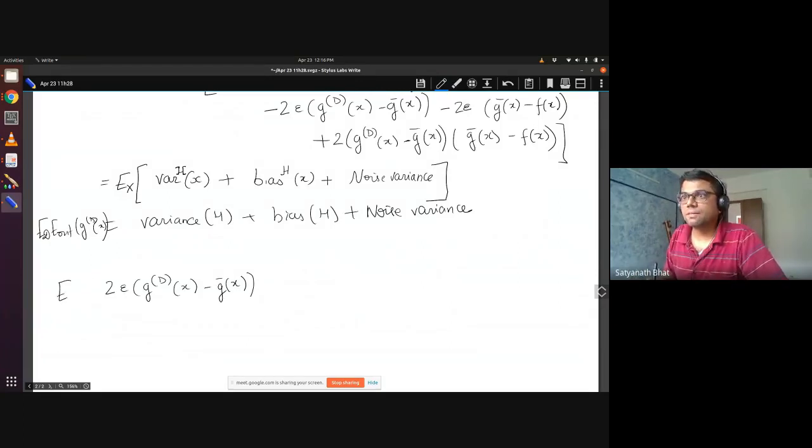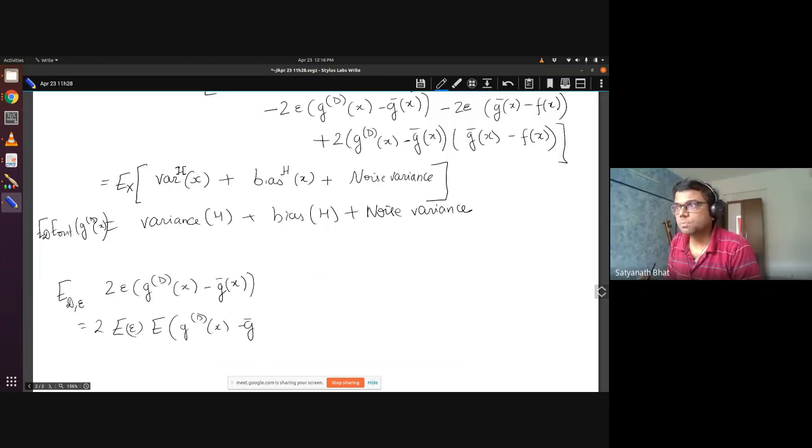So this is the expected value over D and epsilon. Now epsilon and D are different things. Once you have fixed D, they don't interact, so since they are independent, the expectation over the joint can split. So this will become the expectation over D of epsilon and the expectation over D of this, right? So this is equal to 2 times the expectation over epsilon and the expectation over D, so you can split it like this.